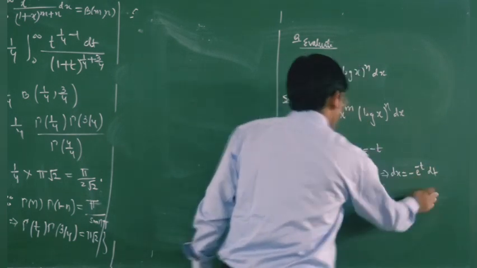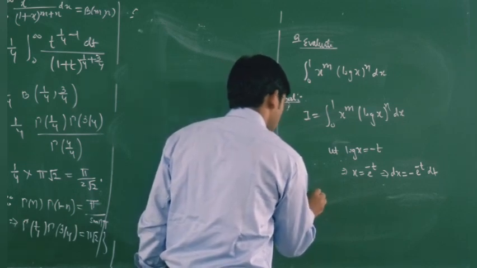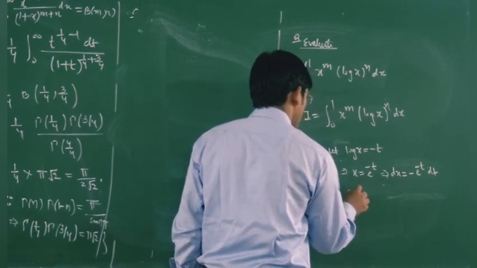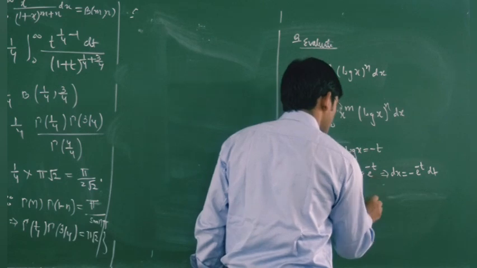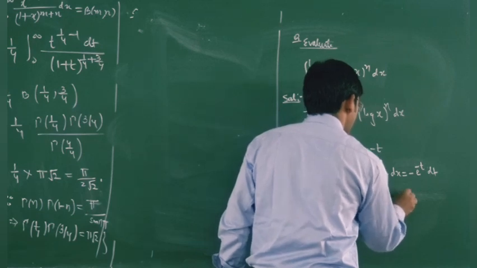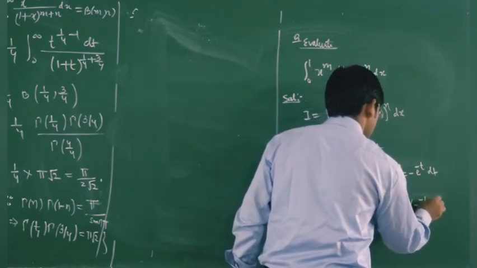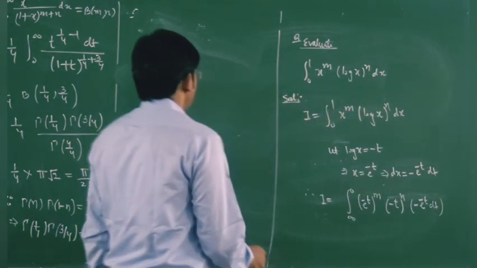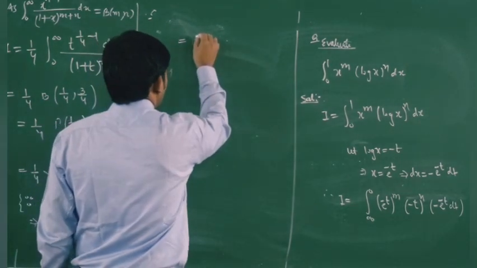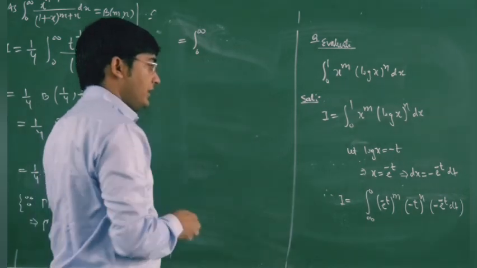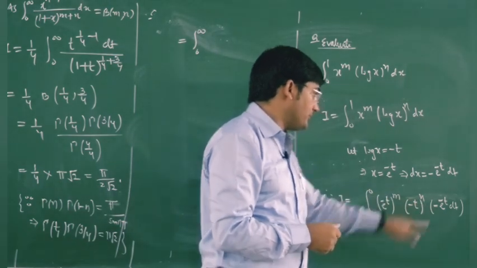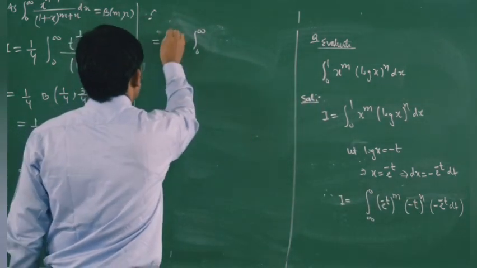And this is your dx. Therefore I equals the integral from infinity to 0, where x is (e to the power minus t) to the power m, then log x is minus t, all to the power n, and dx is minus e to the power minus t dt. Now let us interchange the limits, so we have 0 to infinity. Take this (minus 1) to the power n outside.